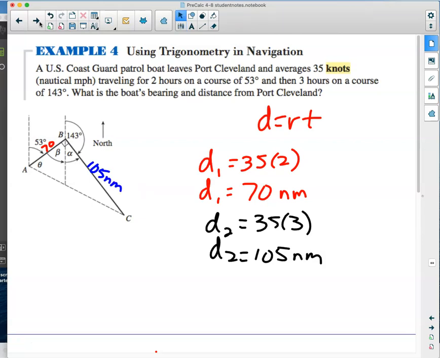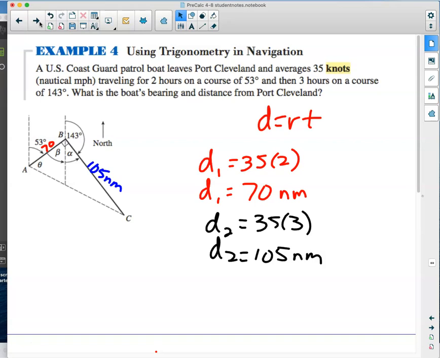Okay, so what do I need? I need to know the bearing and the distance. And they're reminding us here that this would be a 90-degree angle. Well, we could find the distance with the Pythagorean theorem right now.